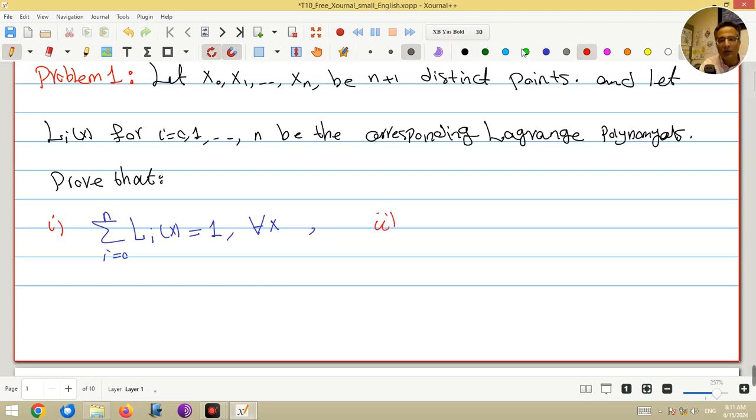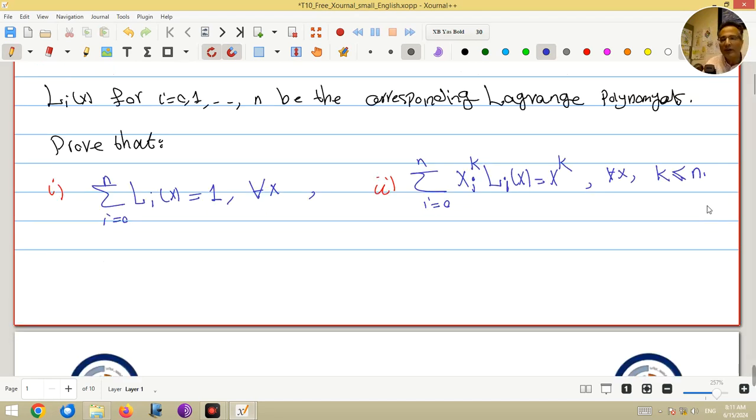And the second one, we want to prove something similar: the sum over i from 0 to n of xi to the power of k times Li of x is equal to x to the power of k for all x and for all k less or equal to n. This is the problem.